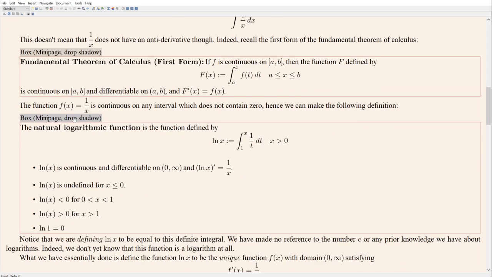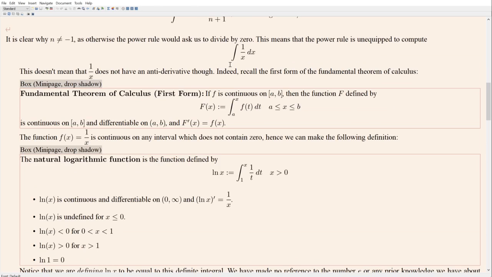Now, the function 1 over x, which is what we're trying to find an antiderivative for, because the power rule doesn't supply it, is continuous. It's continuous everywhere except at 0, because there it tries to divide by 0, so we have problems. So if we let a be any number in an interval which does not contain 0, then this function, where f is 1 over x, is an antiderivative.